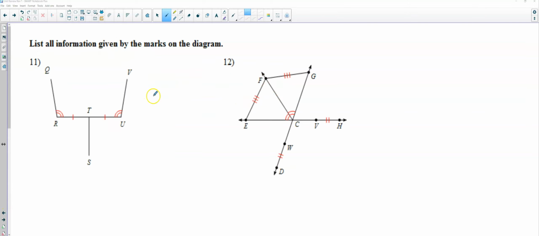Another thing you need to be able to do is read diagrams. So list all information given by the marks on the diagram. Okay, so notice I have 2 arcs here, 2 arcs here. So that means angle R must be congruent to angle U. Another thing I know is that segment RT is congruent to segment TU.